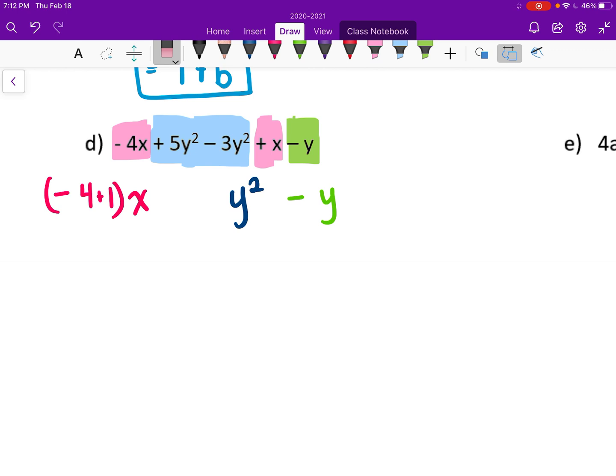I'm right, it is negative 3, negative 3x. Right? My y squared is going to be 5 minus 3. 5 minus 3, I know, is just 2. So if you want, you can write that in as 5 minus 3y squared.